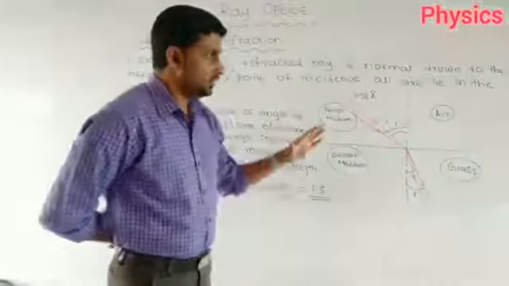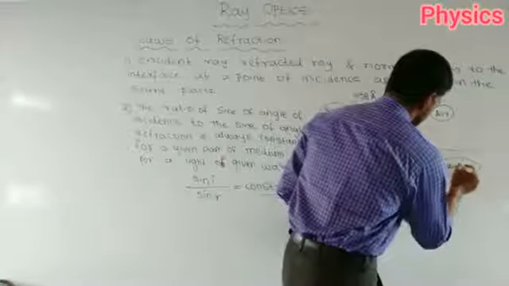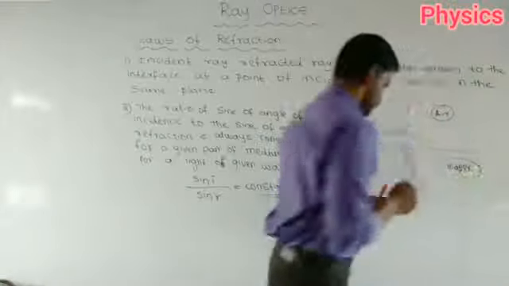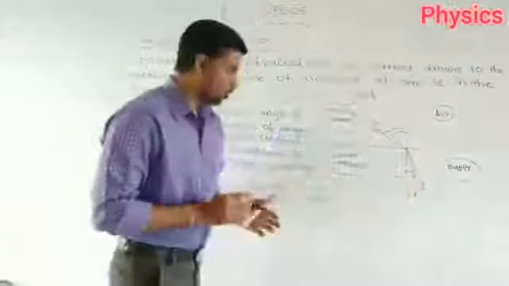So that is the second law of refraction: sine of the angle of incidence to the sine of the angle of refraction is constant. Suppose instead of glass I take water. With a water medium, the constant value will change because one of the media has changed, even if the light has the wavelength 598 angstrom only.